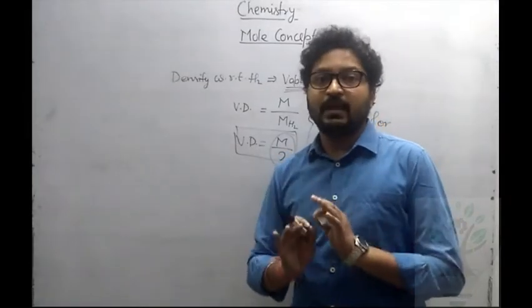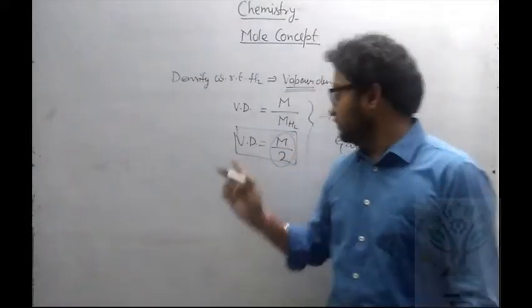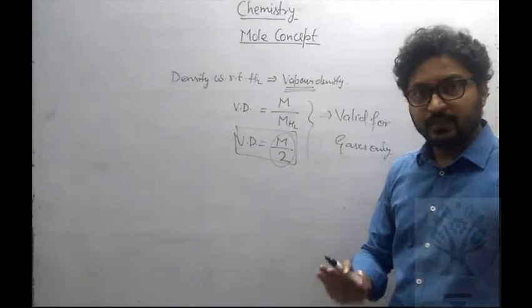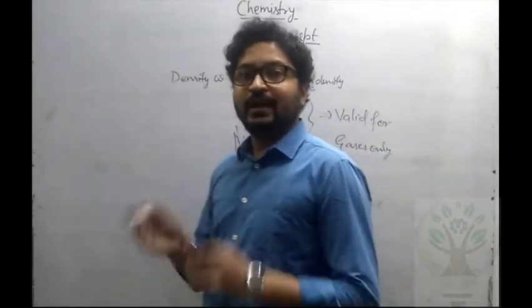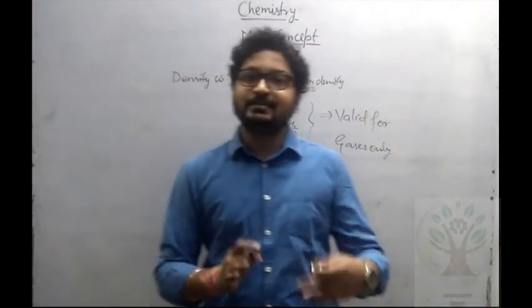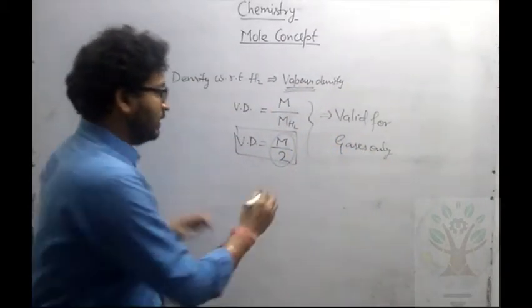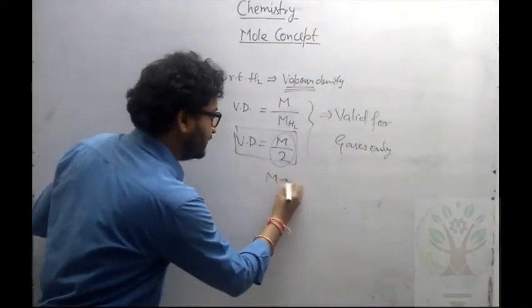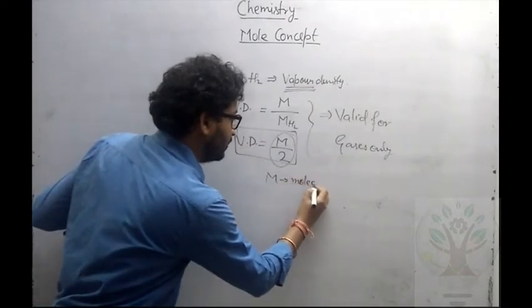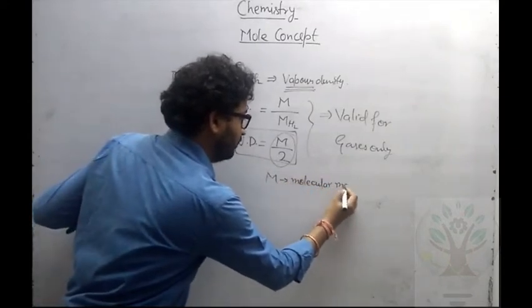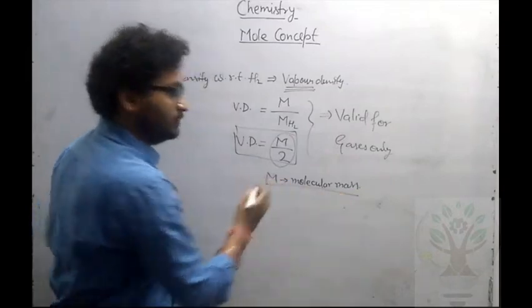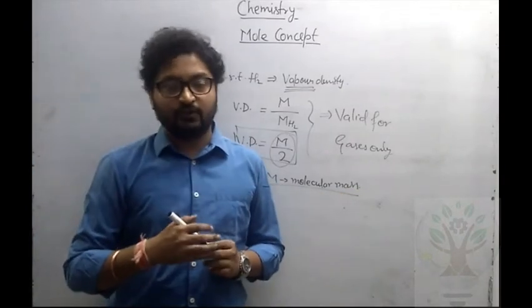Just apply it to vapors. Clear? So vapor density of any substance is nothing but density with respect to hydrogen, and the formula for vapor density is molecular mass divided by 2. Let's move forward.